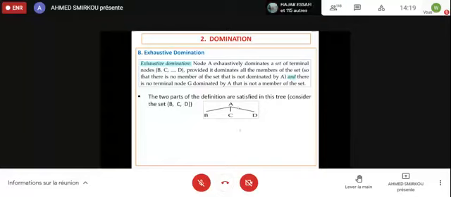Please pay attention to these two problems. The first one, you may have a member of the set, but it is dominated by another node, not by A. The second problem, that member of the set may be dominated by A, but does not belong to the set. Now let's see these two examples.